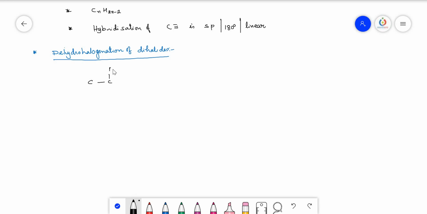So I will take this simple molecule. The name of this molecule is, at first position and second position bromine atoms are there, so it is called 1,2-dibromoethane.